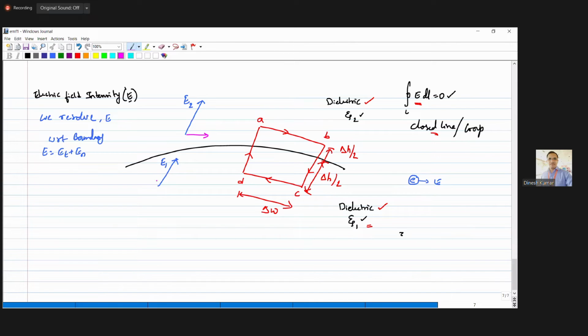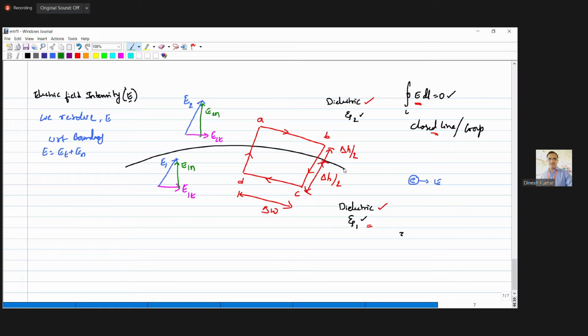Since it is parallel, obviously we call it the tangential component, so this will be E1t and this will be E2t. Next we go with the normal, which is perpendicular to the boundary. This is perpendicular to the boundary, and this is perpendicular to the boundary. This belongs to E2, so this is E2n, and since this belongs to E1, this is E1n. So this is the whole schematic diagram.